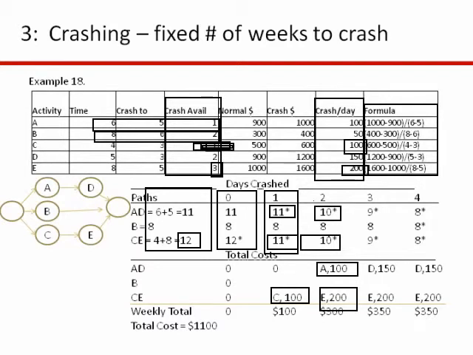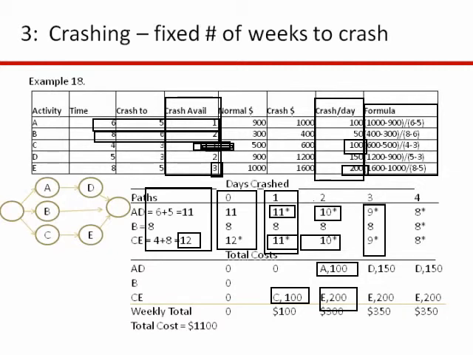Okay, so this particular example wanted us to crash 4 days. So now you look, after we crashed down to 10, we still have 2 critical paths. So if we want to go to 9, then we have to crash another one off of CE.